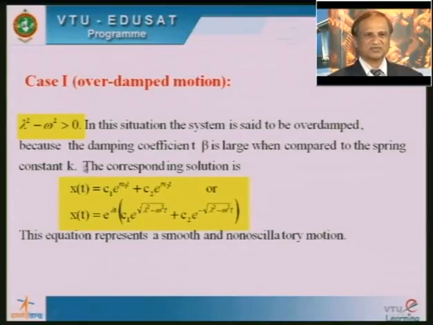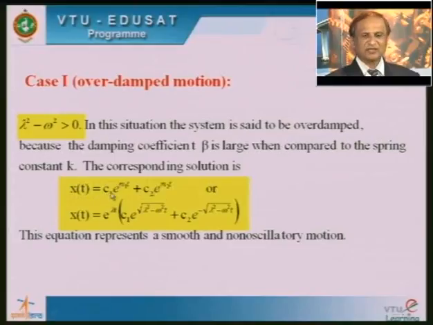That is why the given differential equation is an equation with constant coefficients. Suppose beta is greater than K, then you will get greater than 0. In such a situation, we call it an overdamped motion. I hope you will get 2 roots. Now, as usual, you can find the roots.